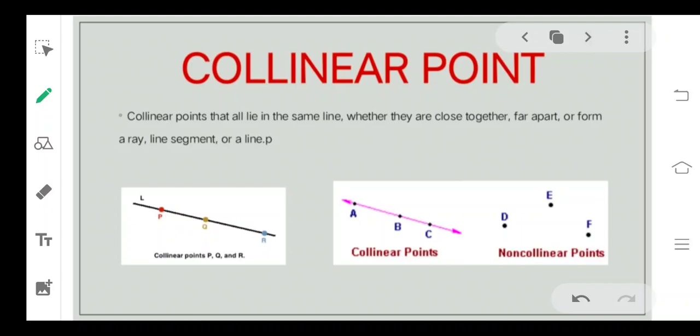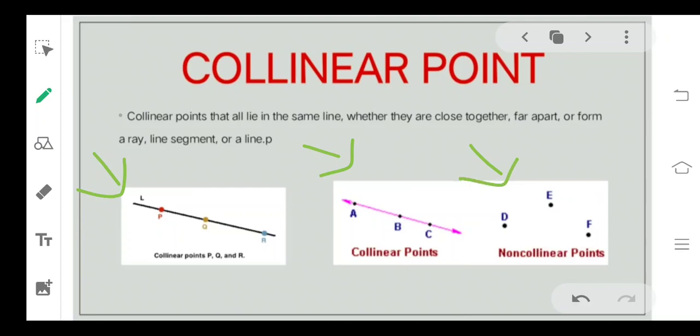In the adjoining figure, P, Q, R are collinear points. For better understanding, A, B and C are collinear points, but points D, E and F are non-collinear points because they do not lie on the same straight line.